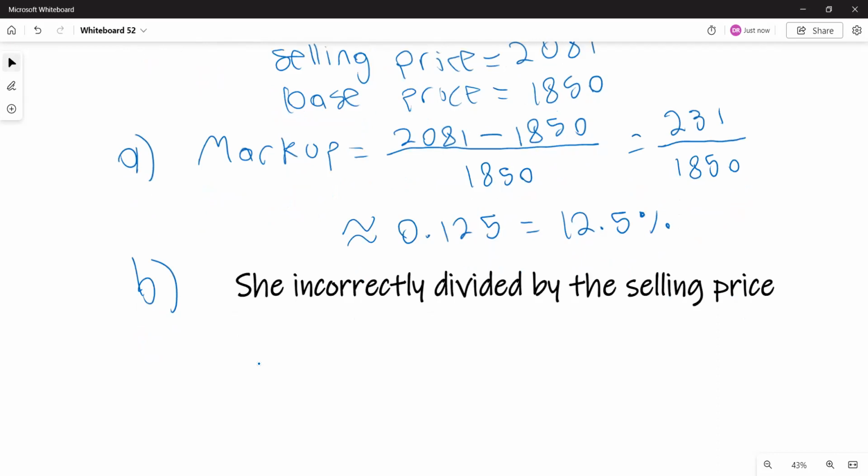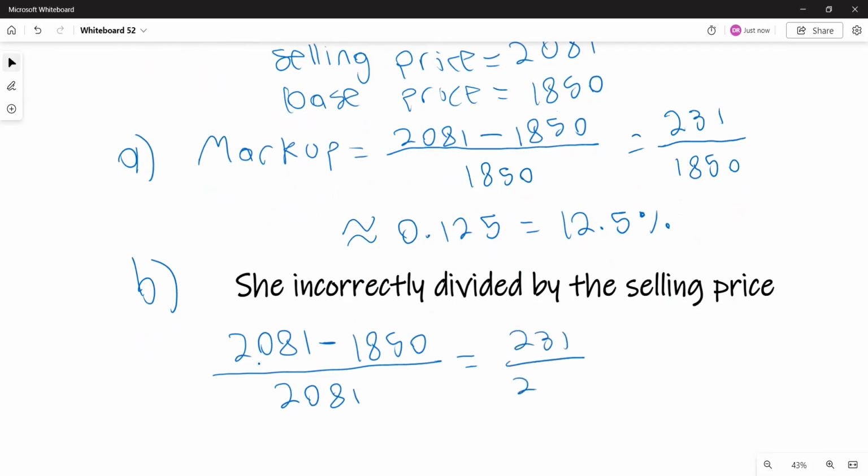If you divide the change in dollar amount by the selling price, the result is going to be incorrect. So be careful with these mistakes. That's 11.1%.